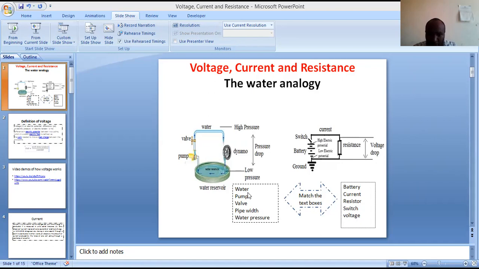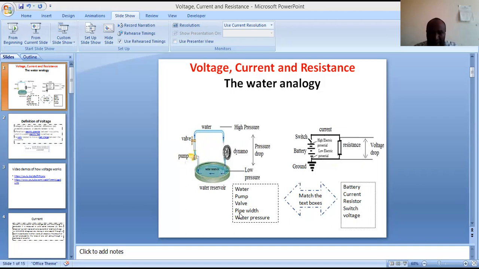So what would you liken water to in this electrical circuit? How about the pump? What would you match the pump with in an electrical circuit? How about the valve? The valve is the gadget which makes water to either go on or off. In the electrical circuit, what would you liken it to?